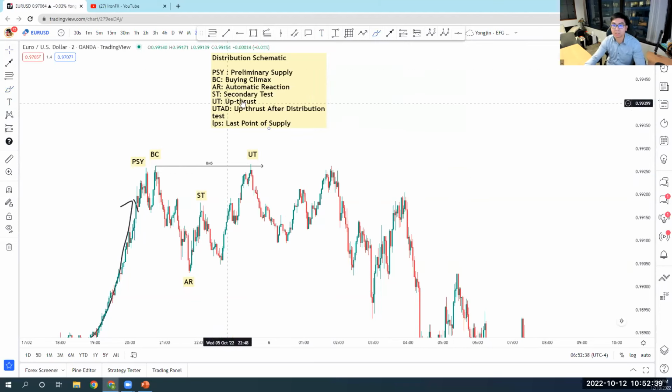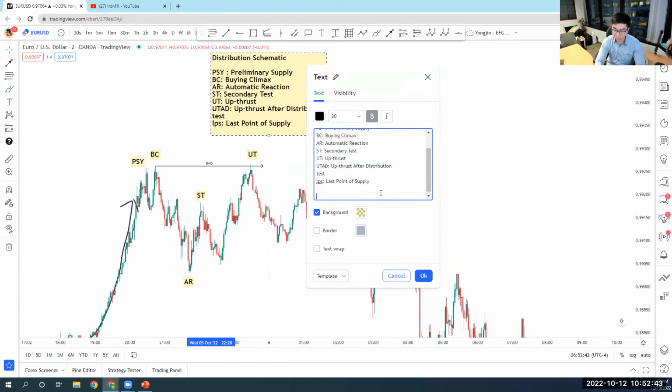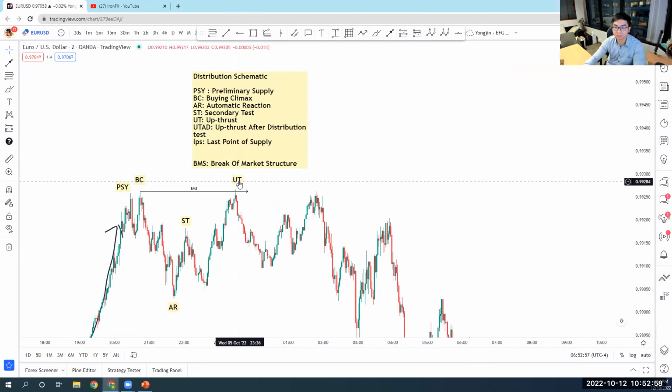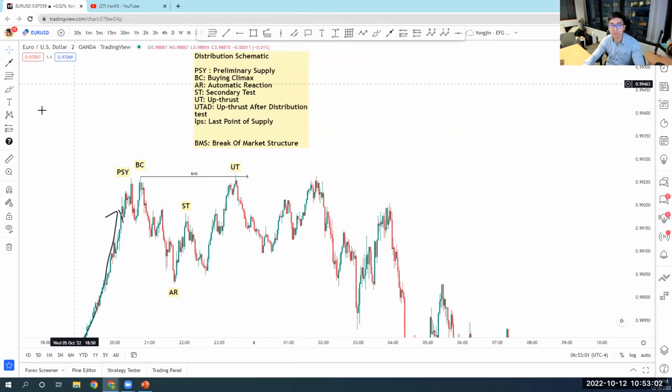BMS is not part of the Wyckoff schematic. This is just what I write. BMS means break of market structure. It's just what I use to identify. You guys can draw an X if you want to.